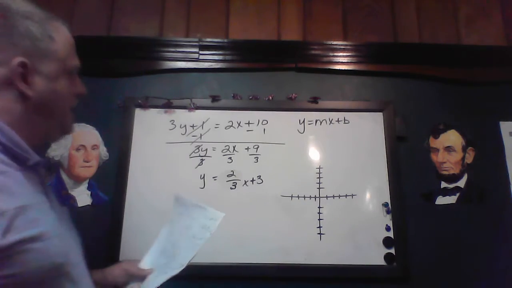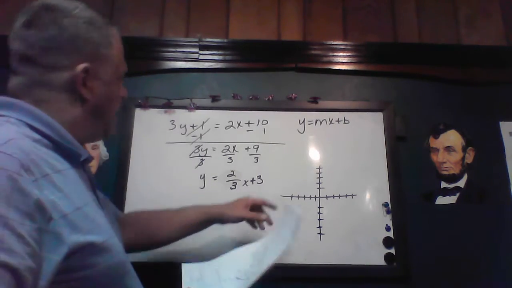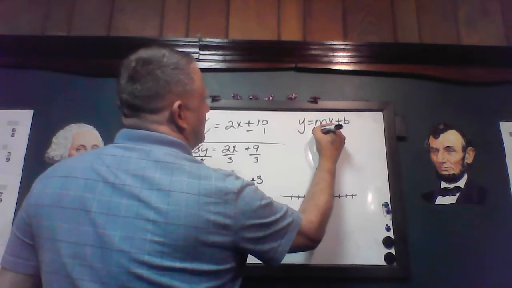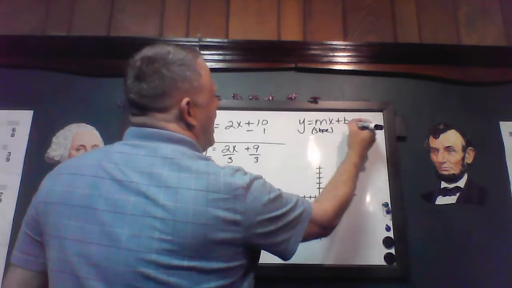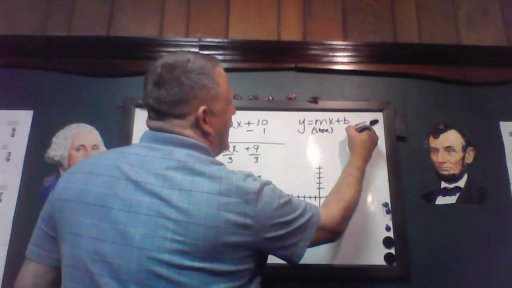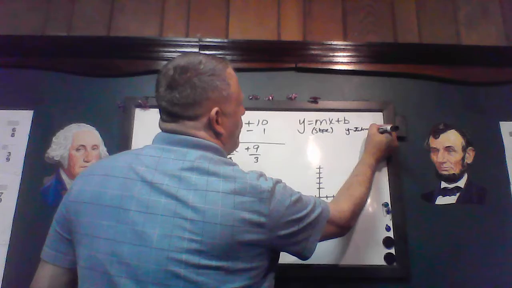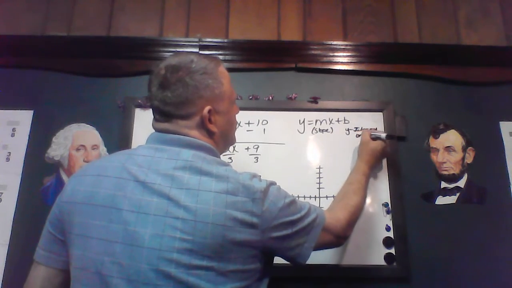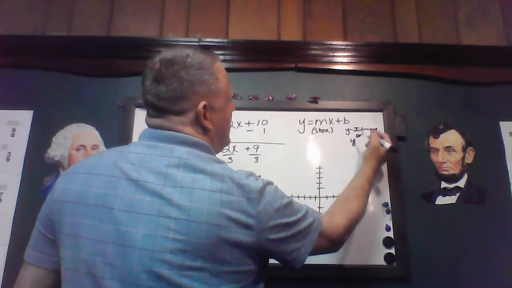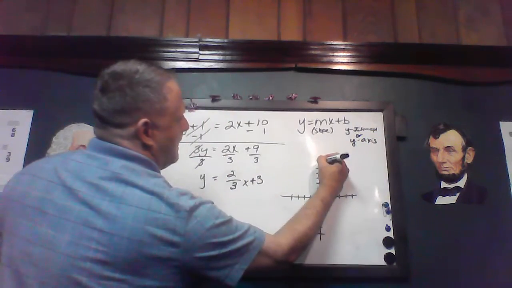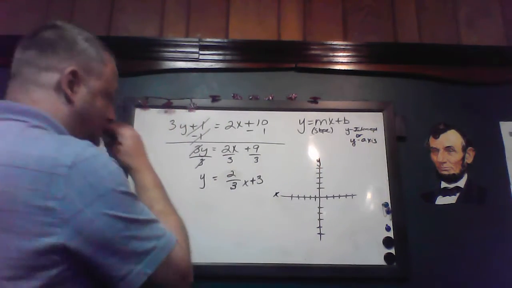So now how do you graph it? So we have our mx, our m is the slope, and our b is the y-intercept. We call it the y-intercept, but really that b is going to end up on the y-axis. y-axis, x-axis.